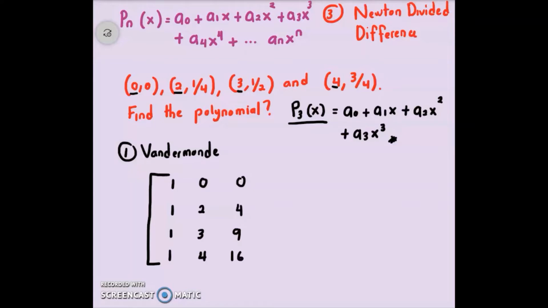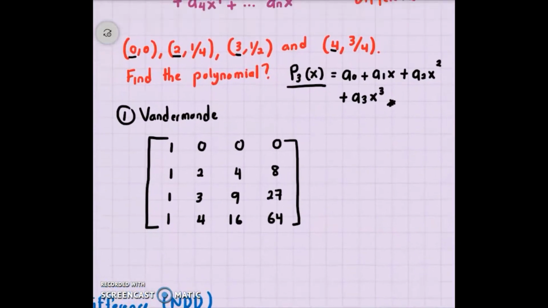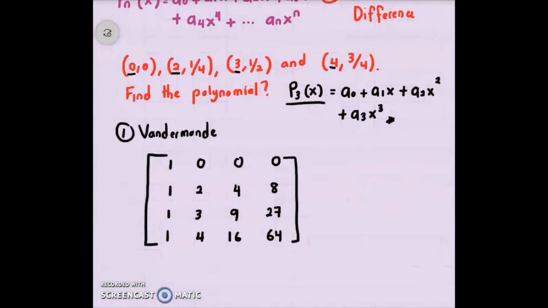The fourth column will be the cube of these: 0, 8, 27, and 4 to the power of 3 gives me 64. The Vandermonde matrix must be a square matrix. So this is my big X.